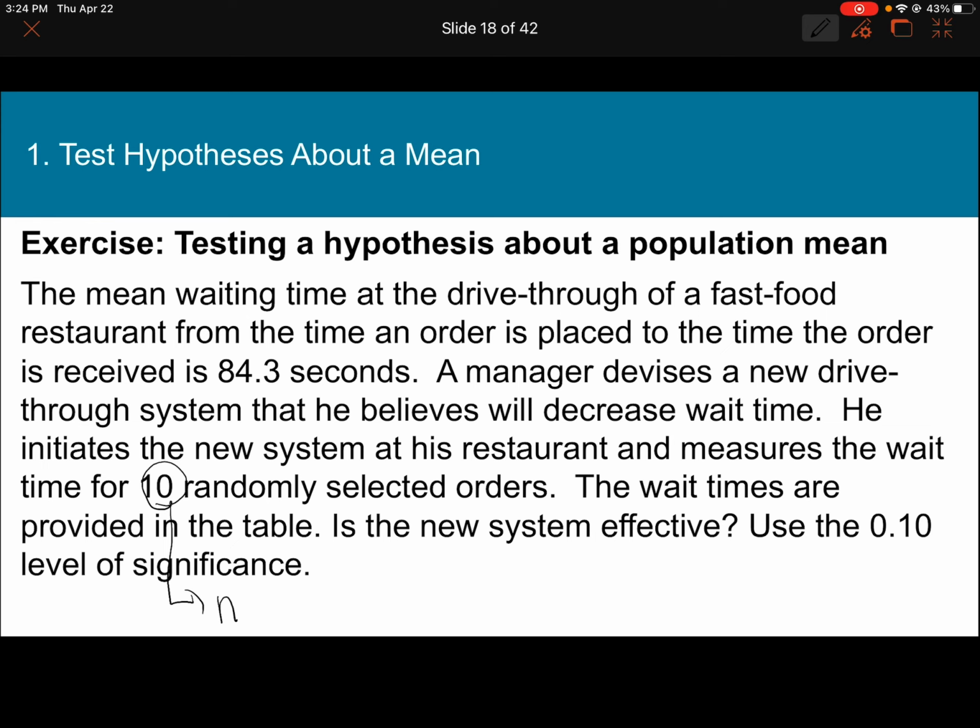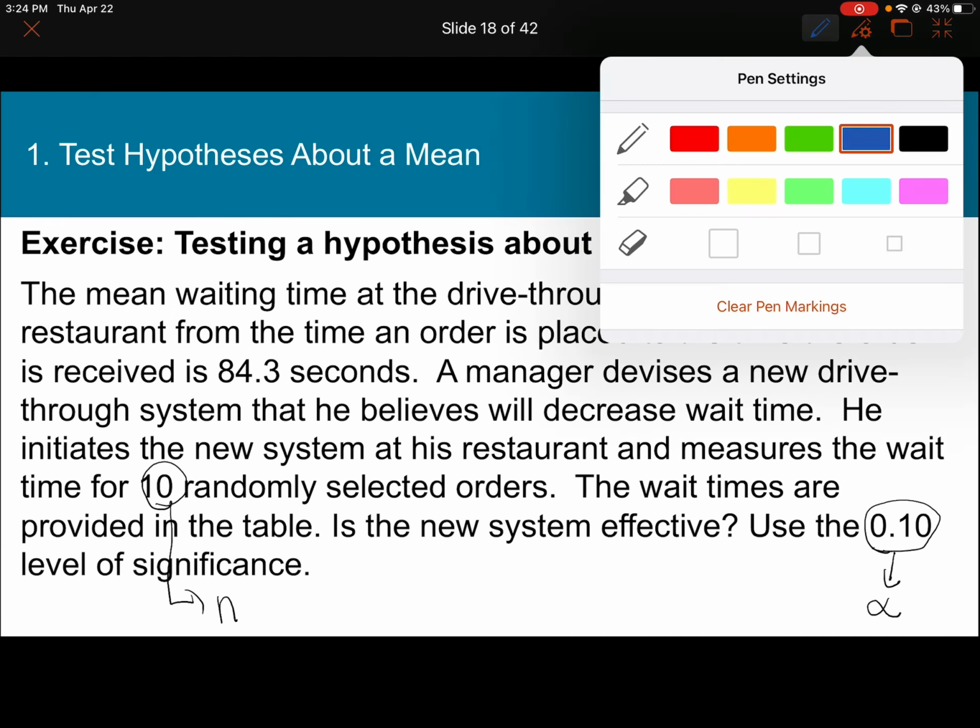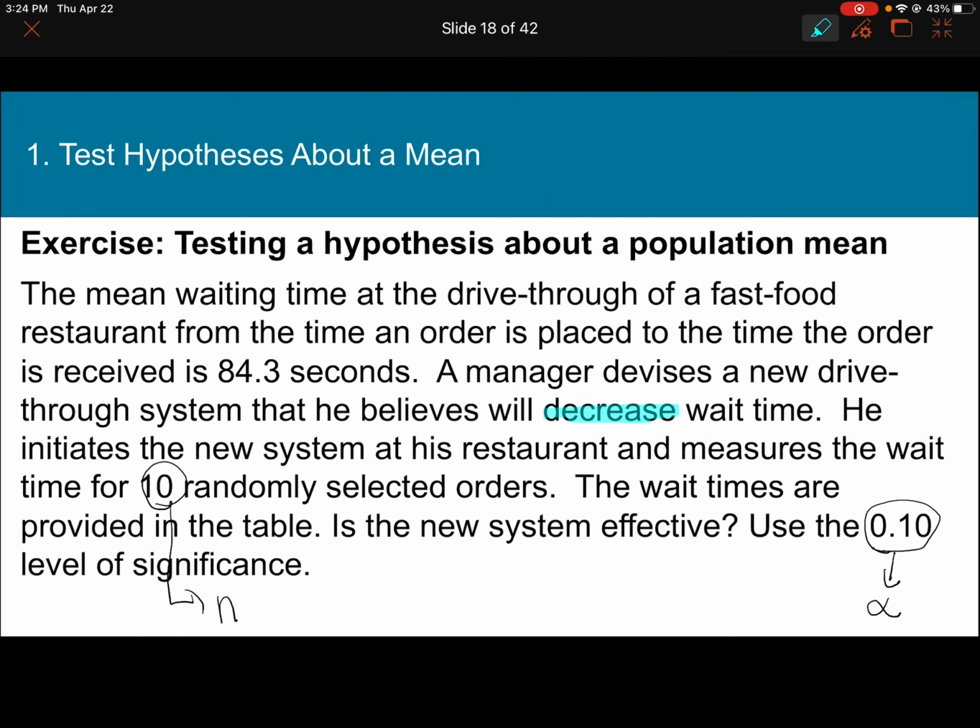Now this does not meet that magic number, so we'll have to look at our normal probability plot and our box plot. The 0.1, that's our level of significance, that's our alpha. In this particular problem, we have the word decrease, and so this tells me that I'm going to have a left-tailed test, because decrease is to the left.